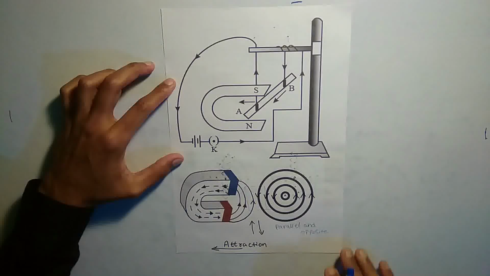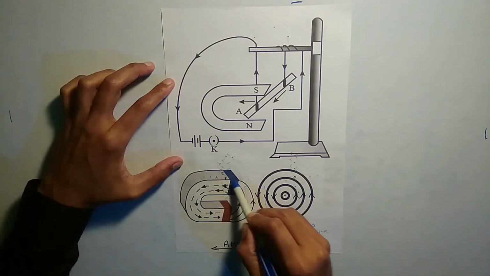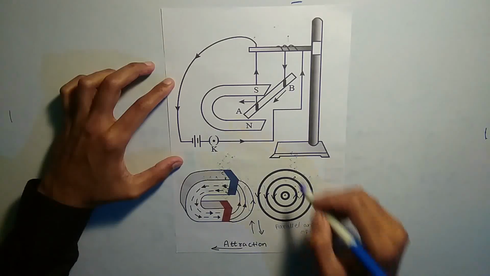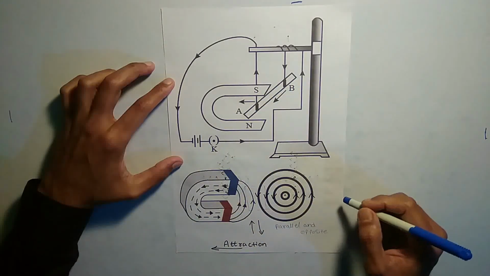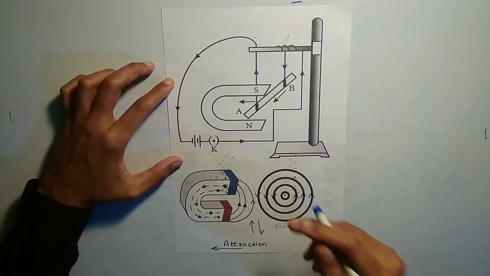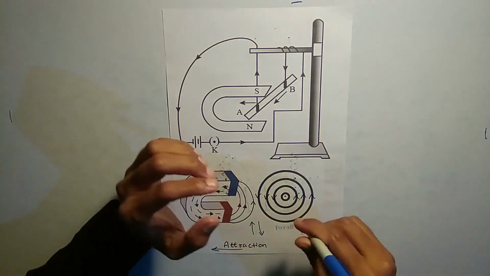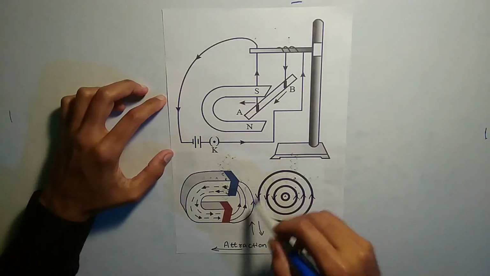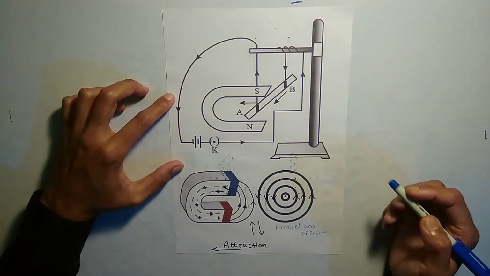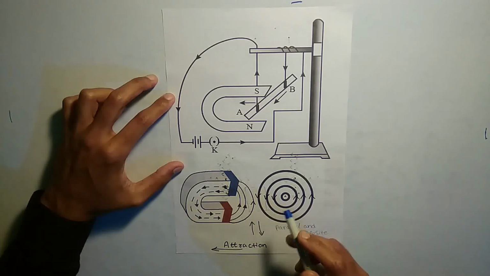Look at this image. The field lines of horseshoe magnet are somewhat like this, and field lines of this conductor are in anti-clockwise direction because the current is coming from inside out. So we will get an anti-clockwise magnetic field. Now look at the interaction zone of these two field lines.